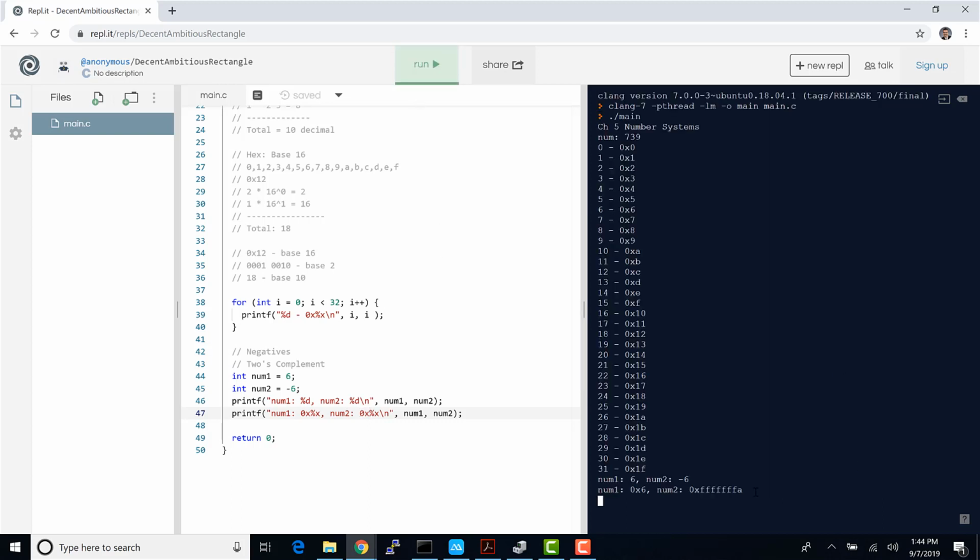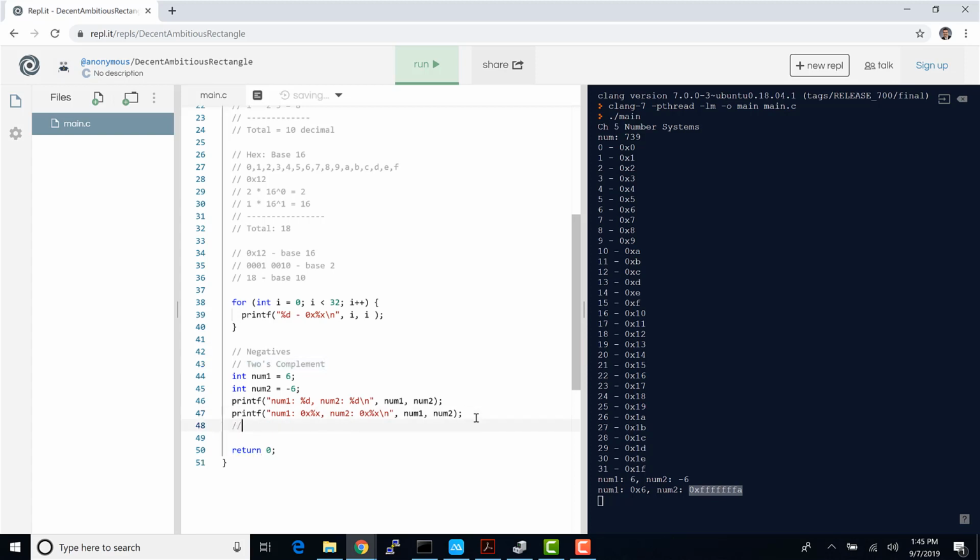The one that's surprising, not so much the positive value, but the negative value, when you print it out in hexadecimal, looks a little different than perhaps you were expecting. The reason it looks different is called 2's complement, and it's the way negative numbers are represented in a computer.